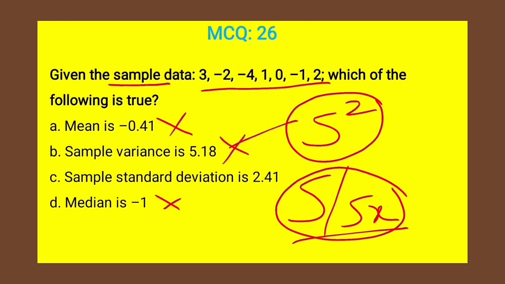So what about the sample standard deviation? We said the sample standard deviation is the square root of the summation of (x minus x-bar) all squared, divided by n minus 1. And we said the sample variance was 5.81.